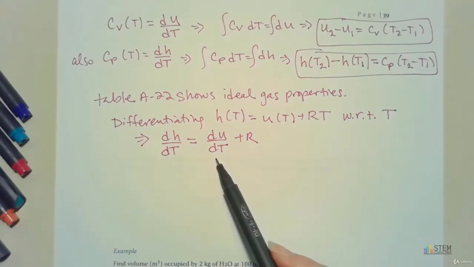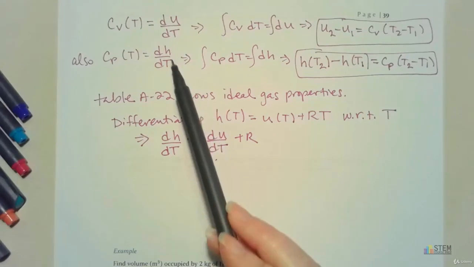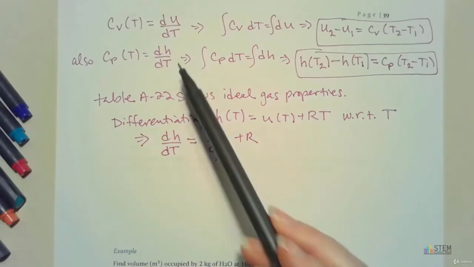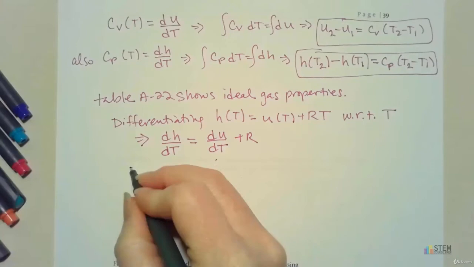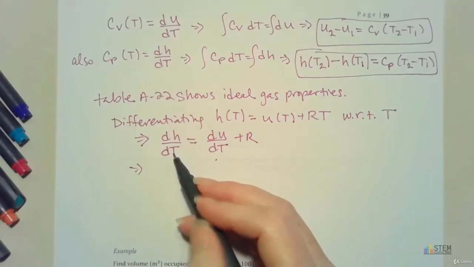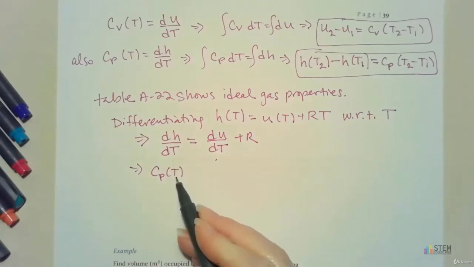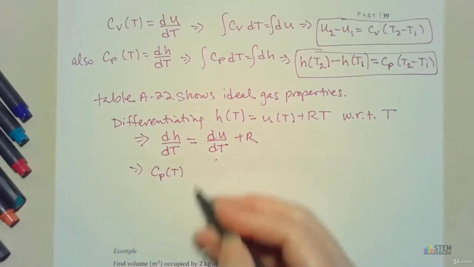Now we're left with this. If we look up here, we had du dT and we had dh dT. Let's see what we get when we plug in these two equations. dh dT, that is Cp, which remember you have to know your temperature to find the Cp value.